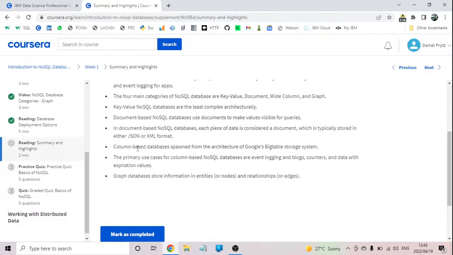Okay, and then we have document-based NoSQL databases. Document-based NoSQL databases use documents to make values visible for queries.